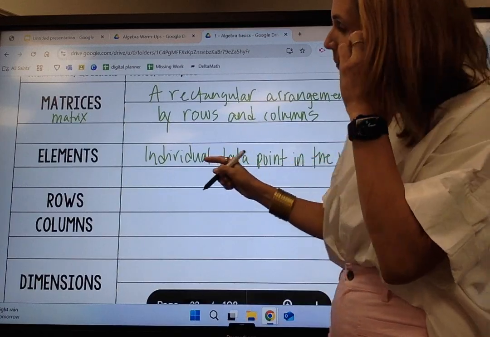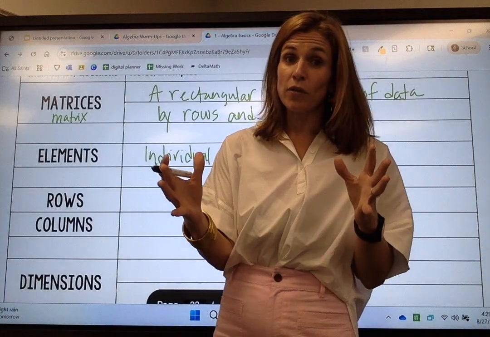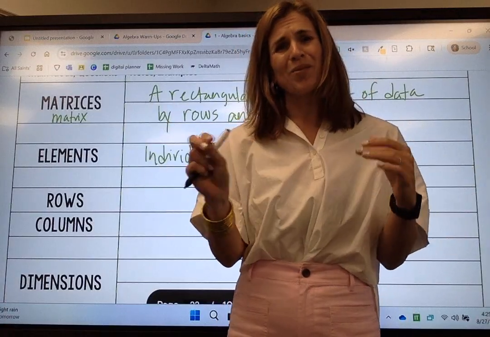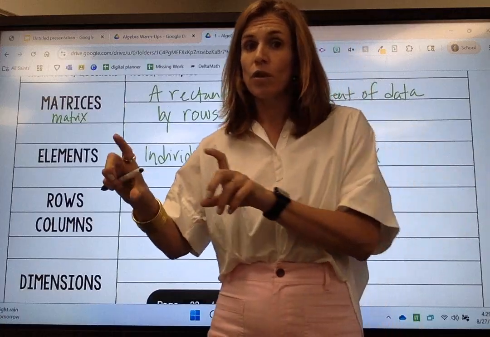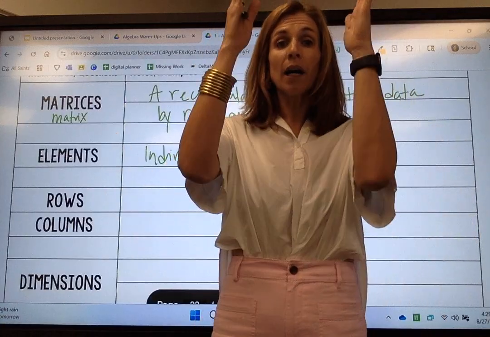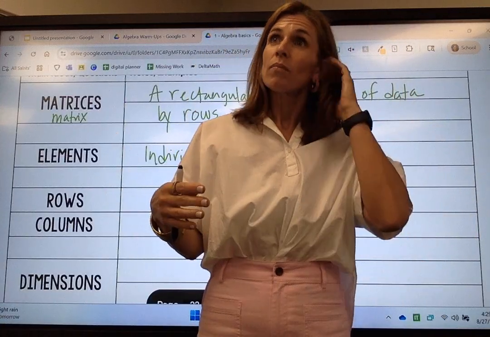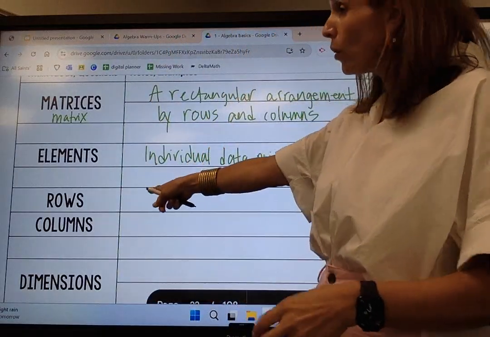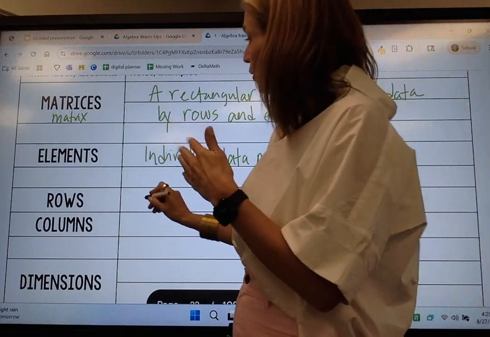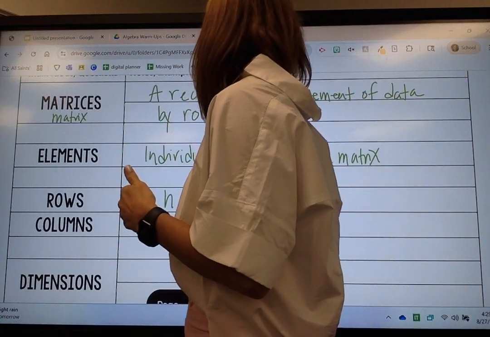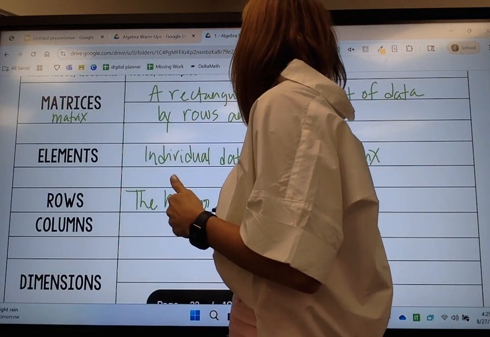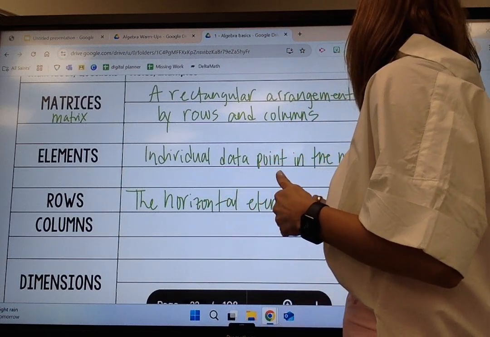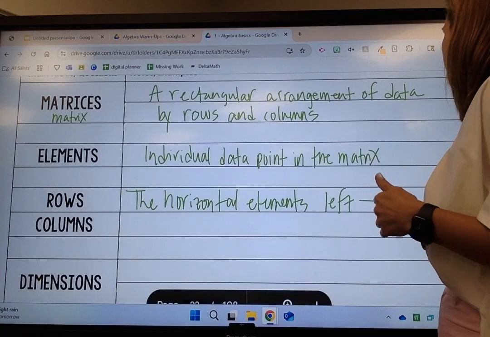Now, when you think about rows and columns, that's how a matrix is made up. Rows go from left to right. So think about when you enter a theater, you go down the row, and columns are like the columns you might have in the front of your house. They go up and down. So rows are the horizontal elements, and they go from left to right.